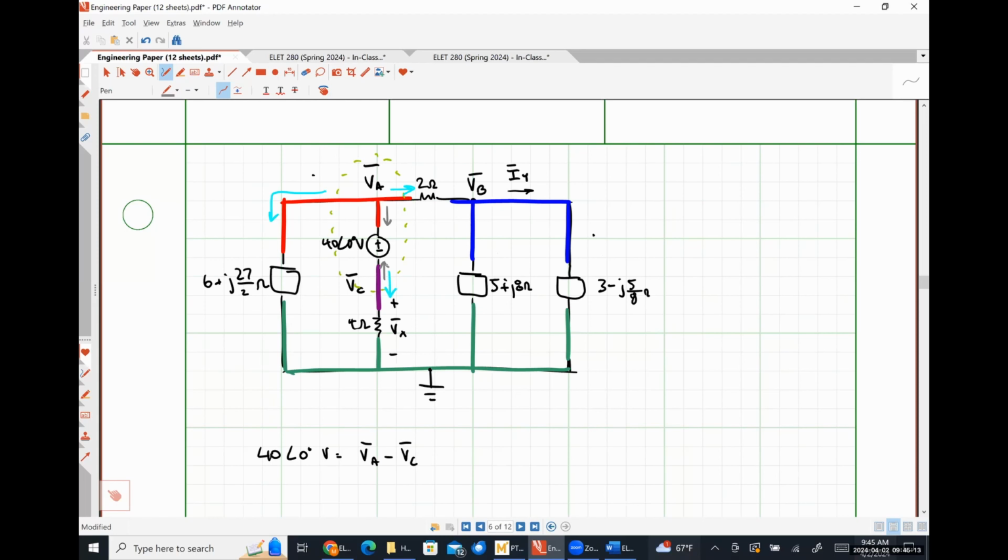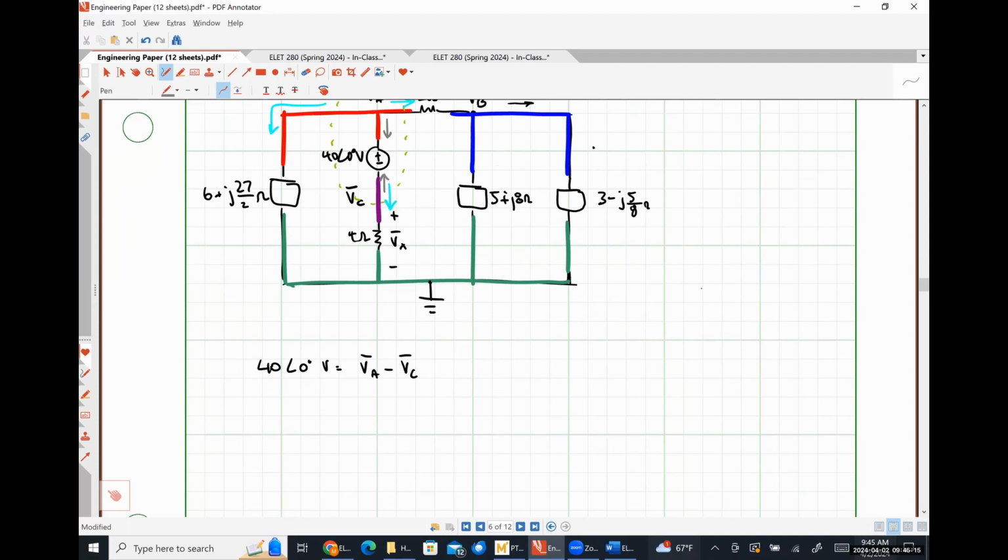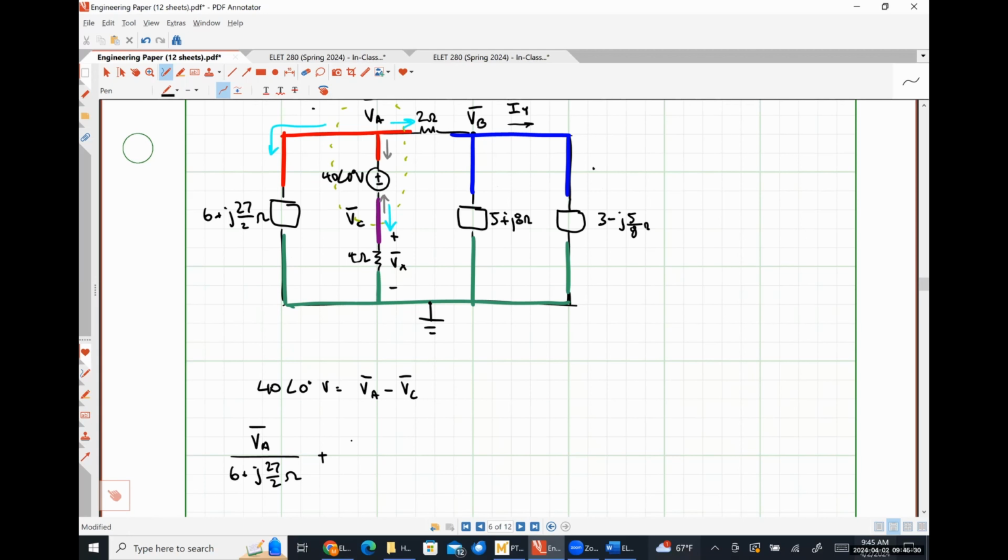Okay. So our KCL equation would look like VA over 6 plus j27 halves plus (VA minus VB) over 2 plus VC over 4 is equal to 0.